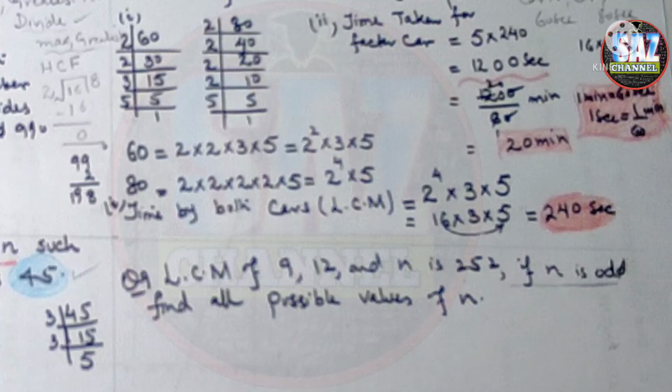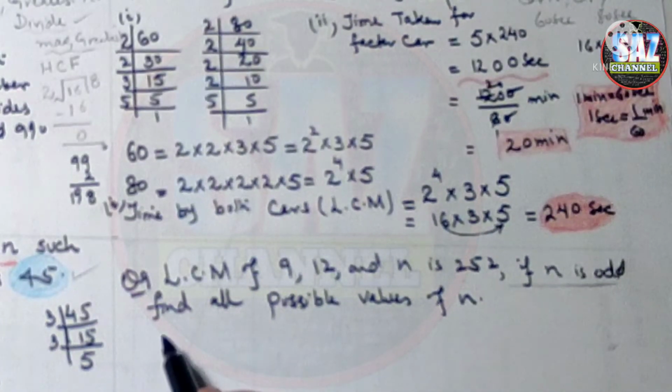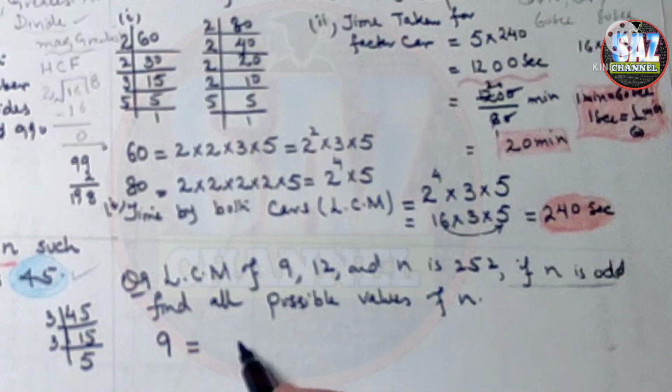Again, try to understand that there are 3 numbers, 9. We know that LCM is the product of common and non-common prime factors.